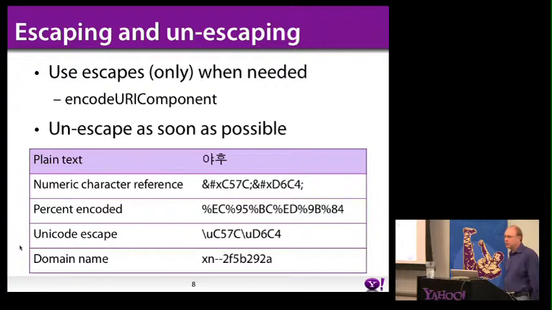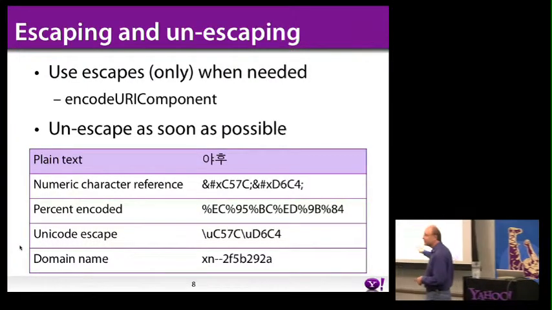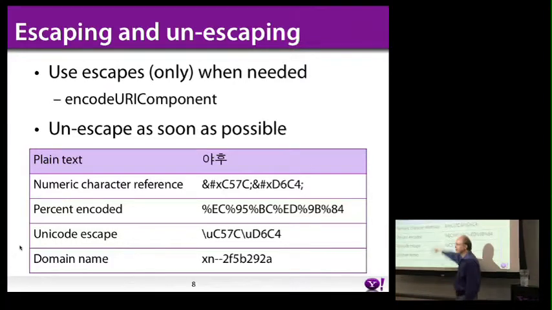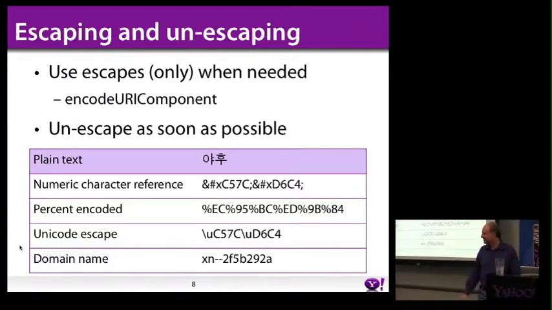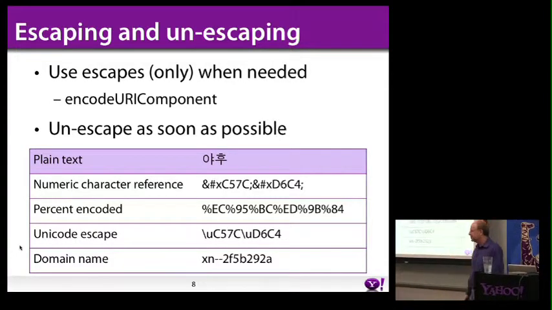The other thing you often have to worry about is escaping. There are all kinds of protocols that were originally designed for ASCII and then extended. And then they invented their own mechanisms for describing Unicode characters in escape forms. So we have here, can anybody read this? It's Yahoo in Korean.